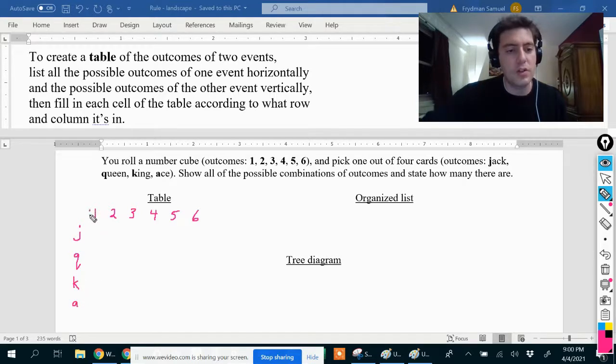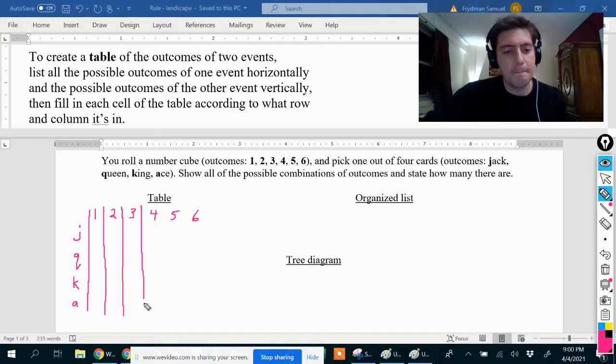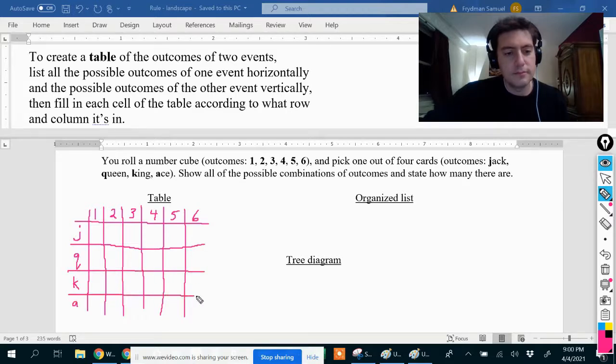Okay, and then I'll also just divide these up like this. Okay, now each little square here is called a cell. So one horizontally and then the other vertically.